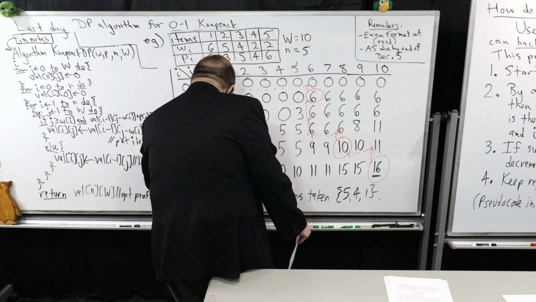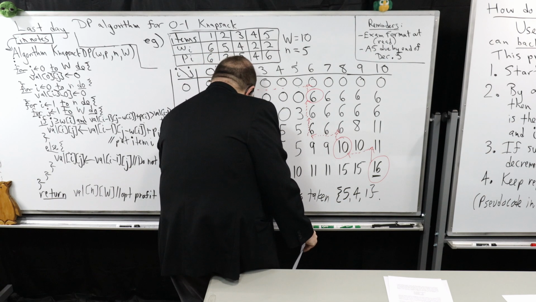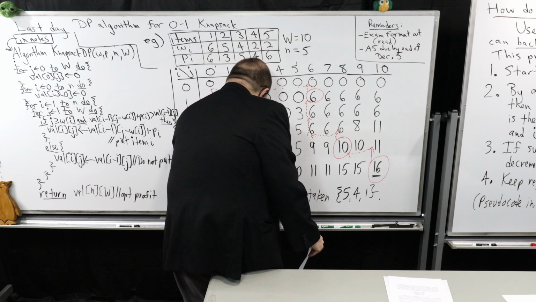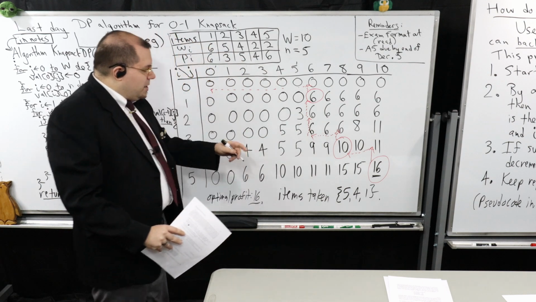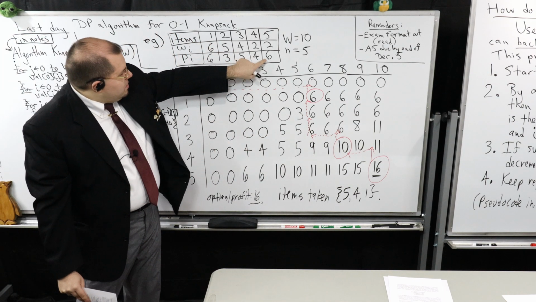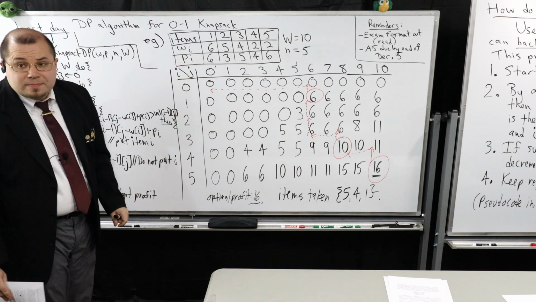The optimal profit, of course, we knew already from last day, was 16. You can always check this fact by just simply summing up over these. Notice that I have 6 plus 4 is 10 plus 6, that's 16.